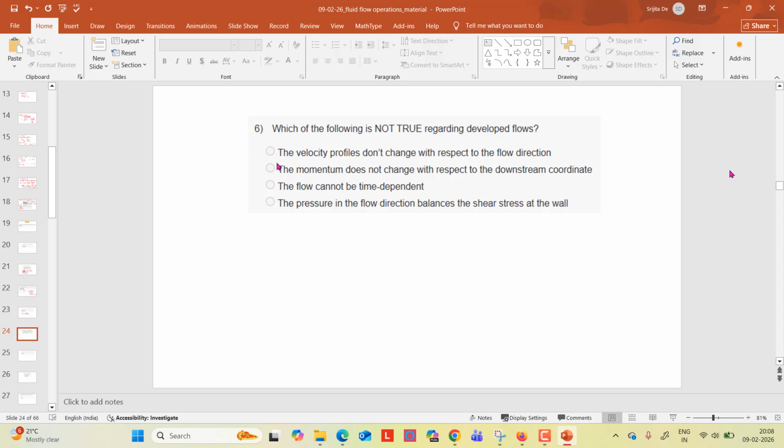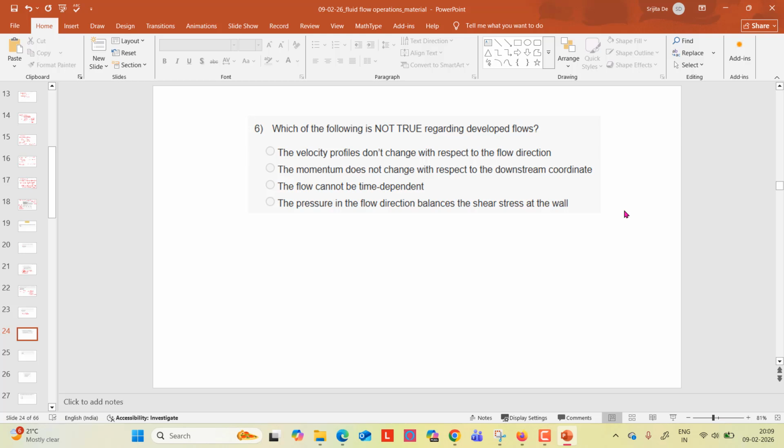Next, which of the following is not true regarding developed flows? The velocity profiles don't change with respect to the flow direction. The momentum does not change with respect to the downstream coordinate. The flow cannot be time dependent.